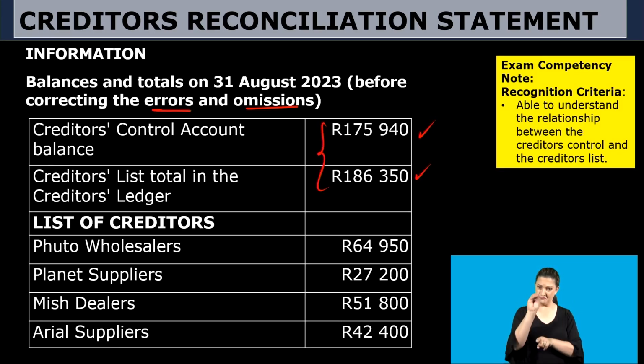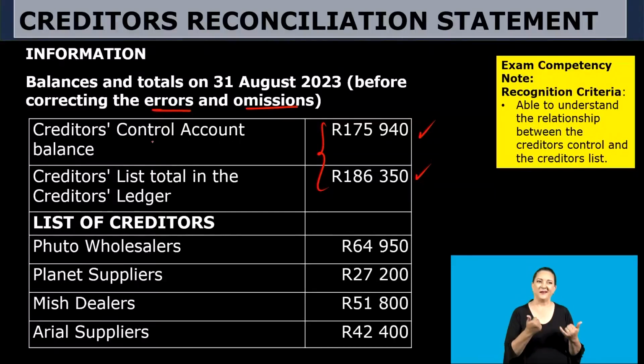Remember, these amounts must be the same because they are all prepared from the same set of information, and the creditors control account is a summary of your creditors list. In this case, they are not the same. That indicates that there are some errors and omissions which we must then correct. And here's the creditors list. We have our creditors here.